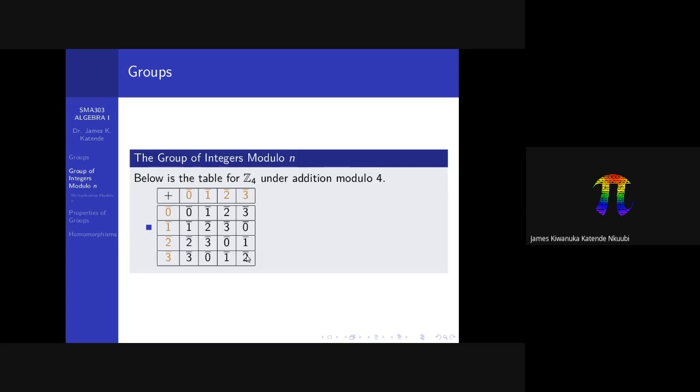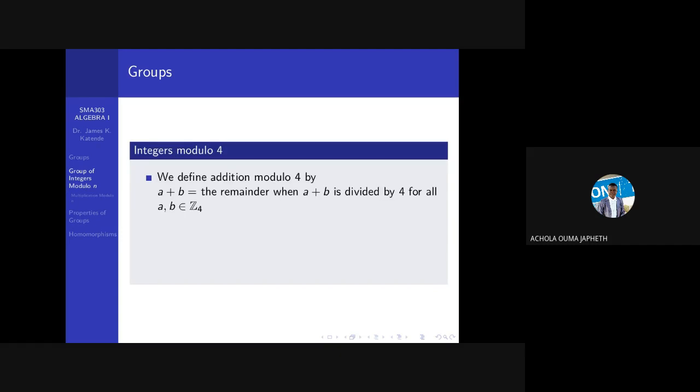That's how you get these elements in the table. Are we together? Yes. So this describes how the addition is done modulo 4. Anytime you are working modulo 3, you will get the remainder when divided by 3, and so on.